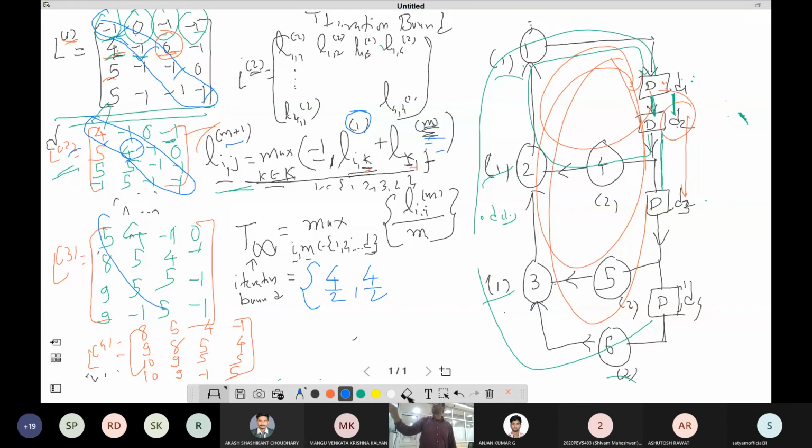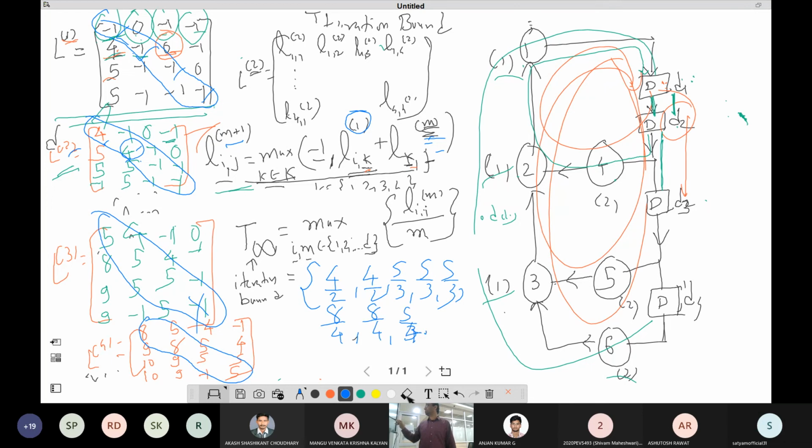Again, so 5 by 3, 5 by 3. This we need to ignore because it is a not exist part. Then this one. So it is 8 by 4, 5 by 4, 5 by 4.